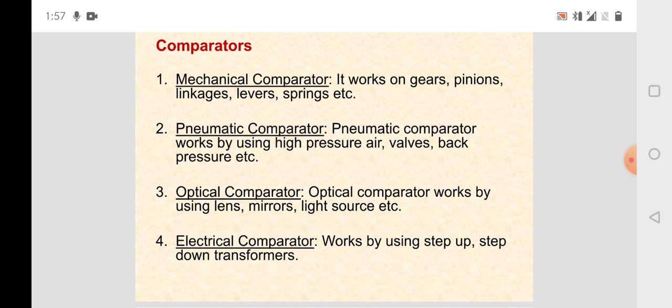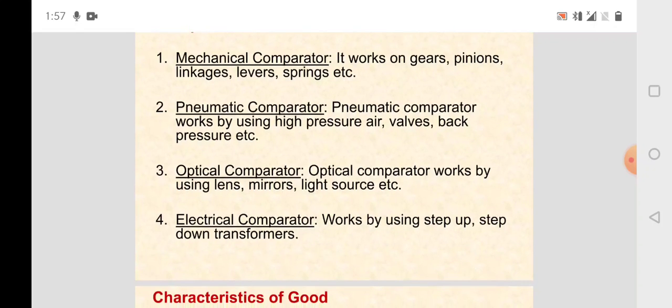So that is what selective assembly is. We are grading the parts produced as oversized, basic size, and undersized, so that we can have the required assembly. In that selective assembly, the grading of the parts into three or more groups can be done very easily with the help of comparators.